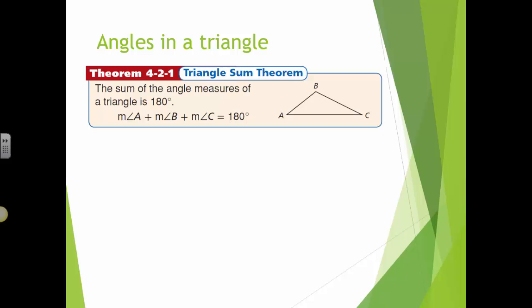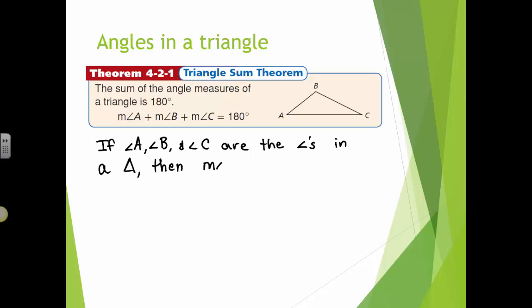If we were to write this as an if-then, we would say: if angles A, B, and C are the angles in a triangle, then the measure of angle A plus the measure of angle B plus the measure of angle C equals 180 degrees.